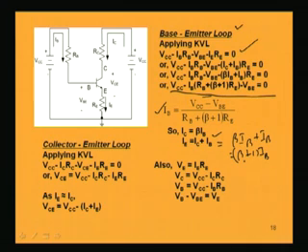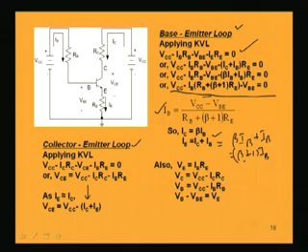In the collector emitter loop, if I again apply Kirchhoff's voltage law, VCC minus IC RC minus VCE minus IE RE equal to 0. So, from this expression I get VCE equal to VCC minus IC RC minus IE RE. One more step further I can do by a very valid approximation, because IE is almost equal to IC, and IB is in the order of microamperes.